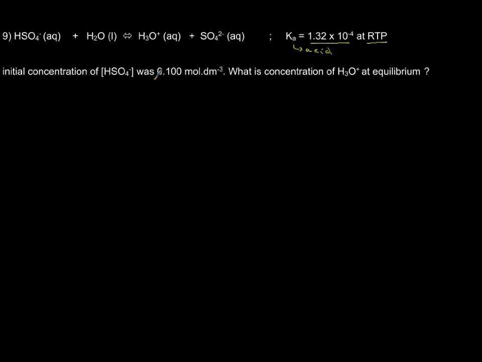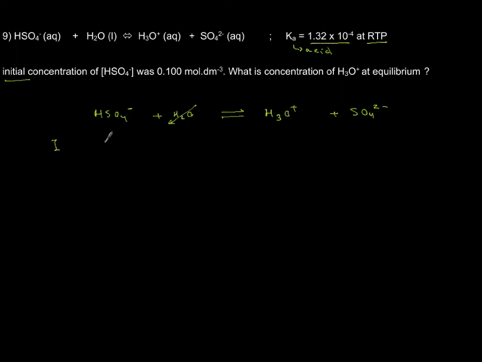Initial concentration is given. What is the concentration of hydronium at equilibrium? Since initial is given and K is given, I go after ICE. Let me write the equation. Hydrogen sulfate plus H2O liquid. I'm going to ignore water, of course, because it's a liquid and its concentration does not change much, so it's part of Ka. H3O plus and sulfate ion.